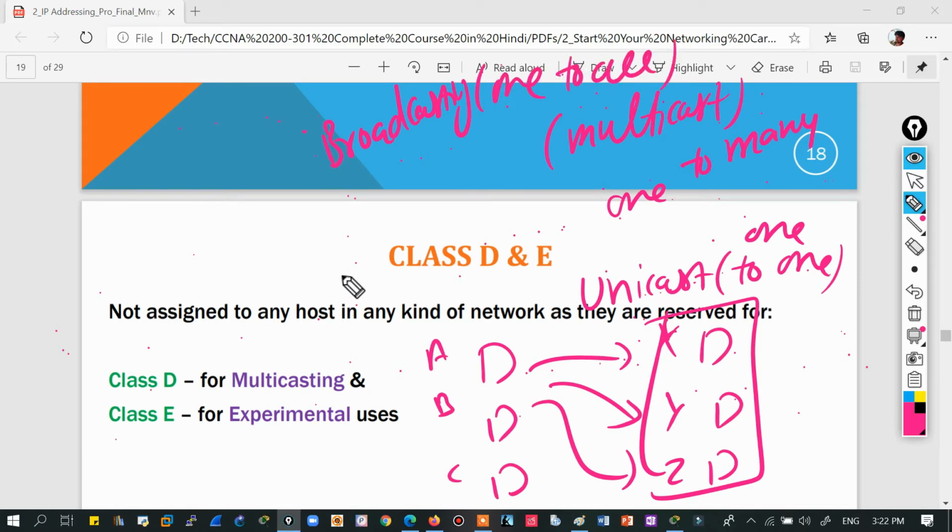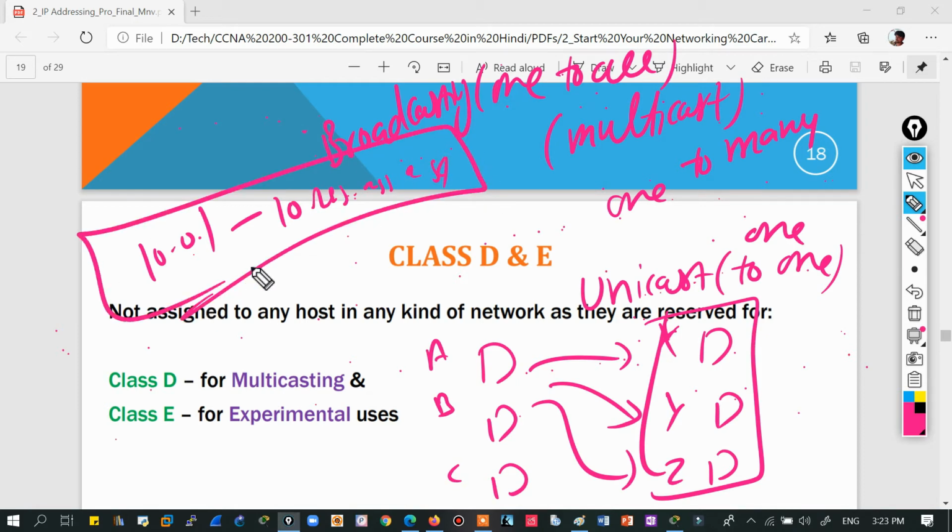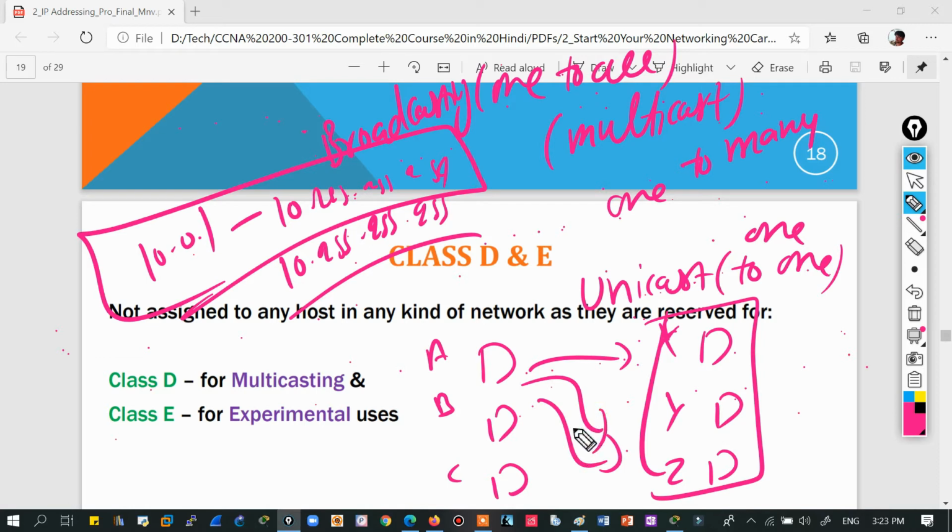Whatever we are discussing right now, 10.0.0.1 to 10.255.255.254, these valid ranges are used for unicast communication. And we have taken the example that 10.255.255.255 is reserved for the broadcast address, right?